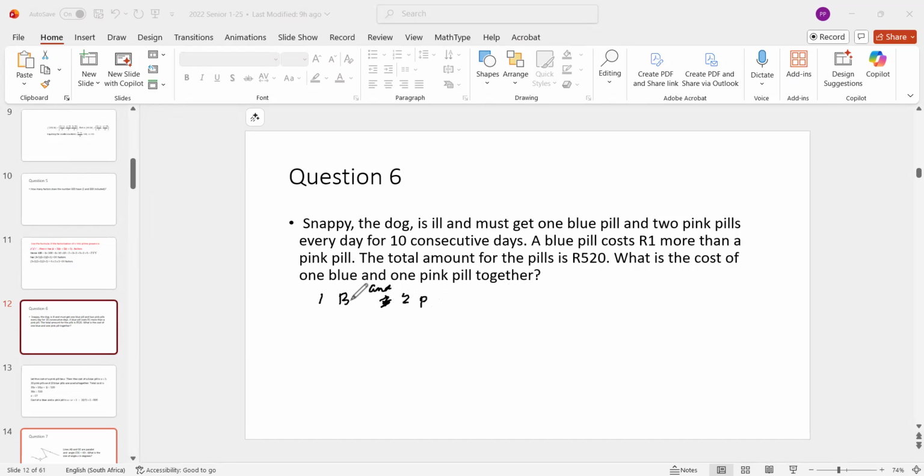Okay, so each day it has this amount. A blue pill costs 1 rand more than a pink pill. So the pink pill price is not given. So let's give a name to the price of the pink pill. Let X be the cost of the pink pill.